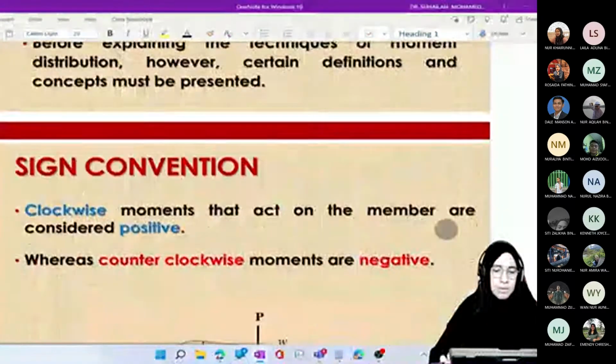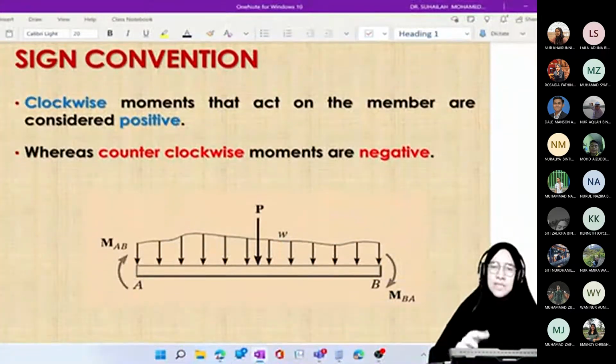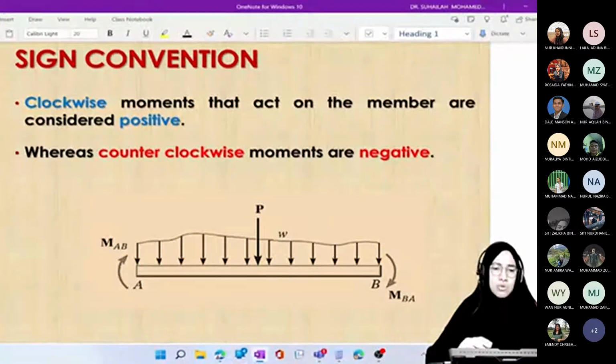Again, for the sign convention in the moment distribution method, the clockwise moment is the assumption that we apply at the beginning of the process. At the beginning, we have to assume that a clockwise moment acting on a member is considered positive. Finally, after we have done moment distribution, the sign that we get in the table is the real one.